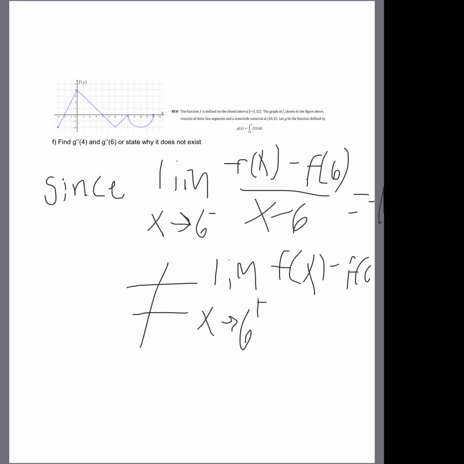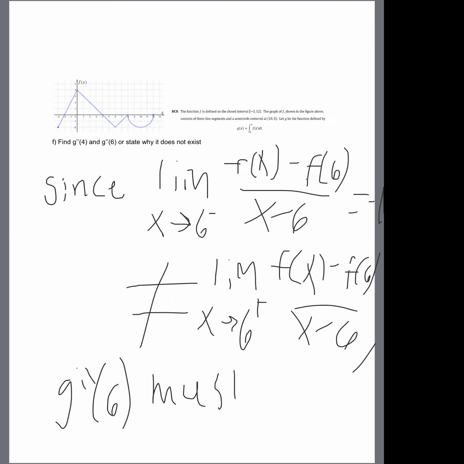It's basically this. Since they're not equal to each other, g double prime of 6 must not exist. And that's the full, complete way to get all the points with that problem.